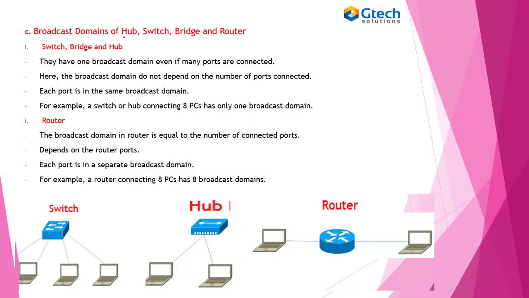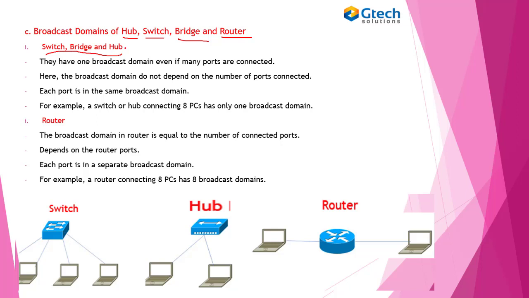Broadcast domain of hub, switch, bridge and a router. The devices in a network have different broadcast domains. So we are going to look at the broadcast domain of hub, switch, bridge and a router. So let's start with switch, bridge and hub. They have the same broadcast domain.